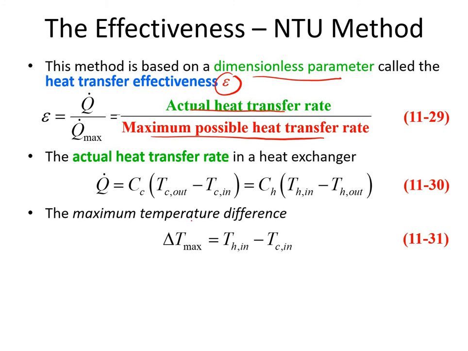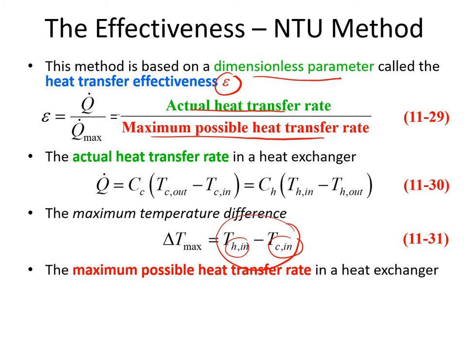The maximum temperature difference, delta T max, is equal to the temperature of the hot fluid in minus the temperature of the cold fluid in. Basically, the maximum temperature difference you can get from the inlet.